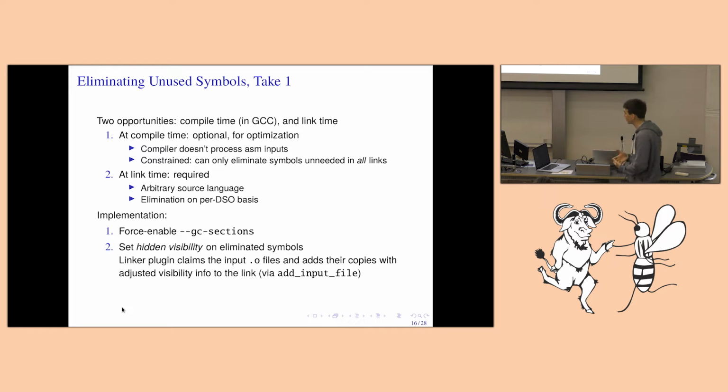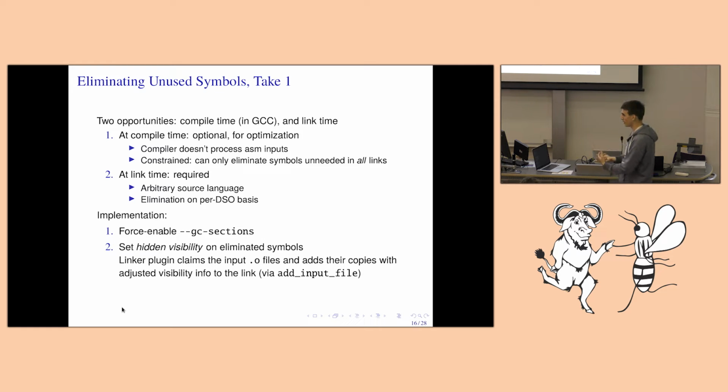So the first implementation we made was just this: enable GC sections with a wrapper to the linker, and set the hidden visibility via another linker plugin. This plugin works in about the same way as the LTO plugin works.